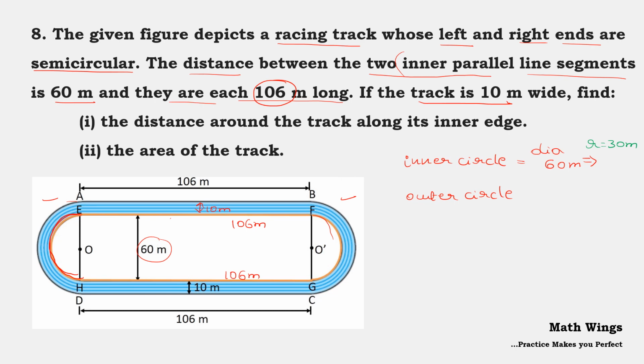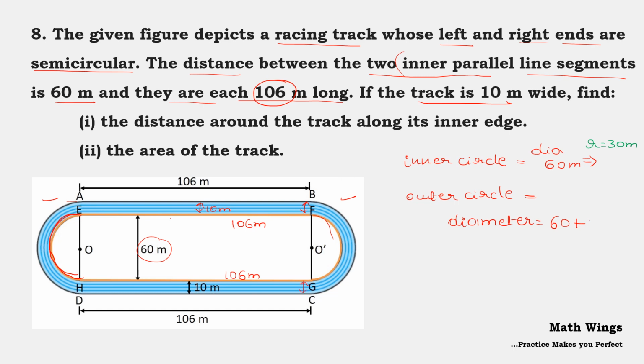Using this, we can write the diameter as well as radius of the outer circle. So what is the diameter? Diameter is equal to the diameter of inner circle, that is 60, plus width of the track, that is 10 here on the top and 10 in the bottom.